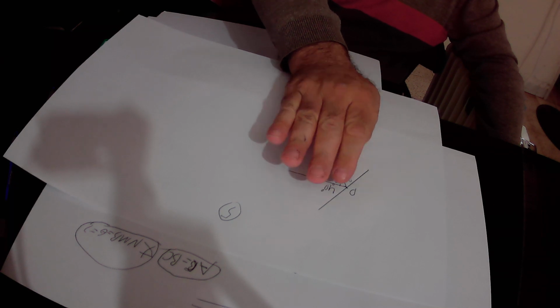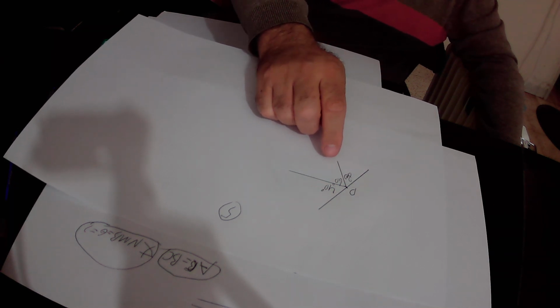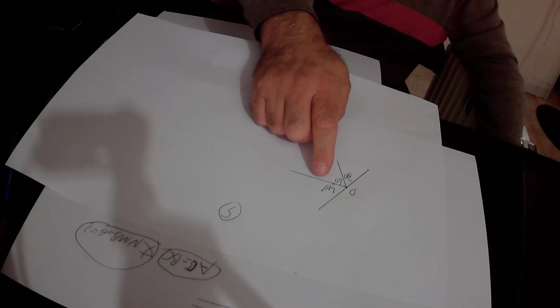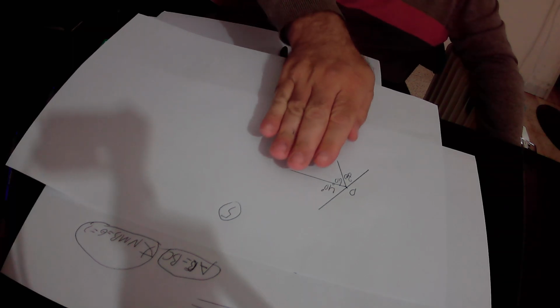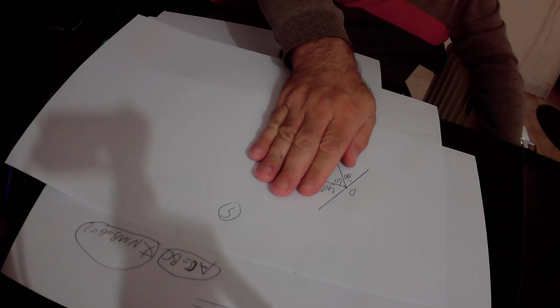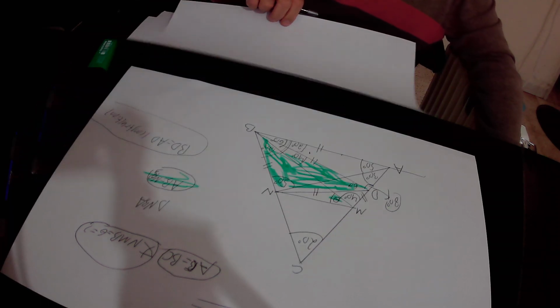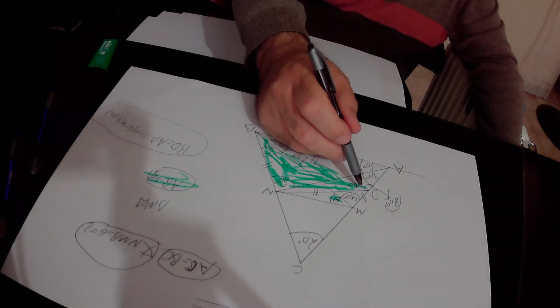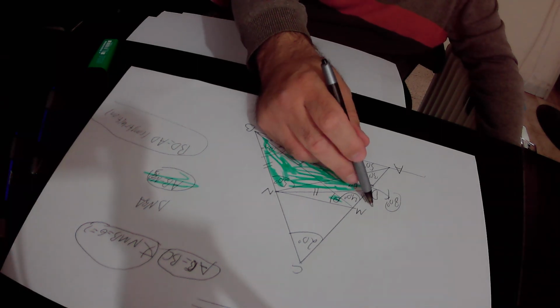In order to complete the sum of the angles on this side of the straight line at point D to 180 degrees, the missing angle must be 40 degrees. So here, this angle equals 40 degrees.